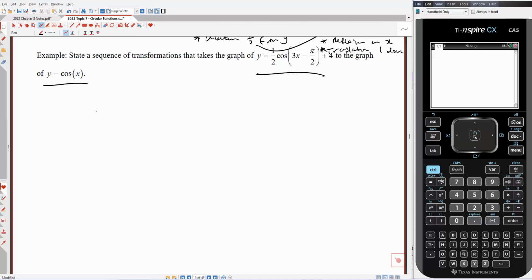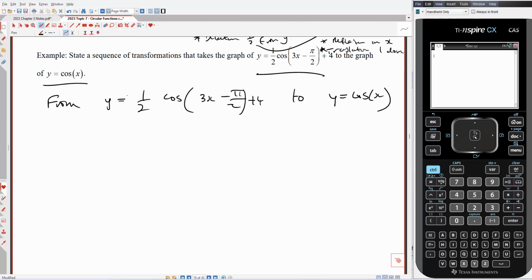So I might just use flat out mapping for this one. I've got from y = (1/2)cos(3x - π/2) + 4 to y = cos(x). So we're going from this to this. This is our image.